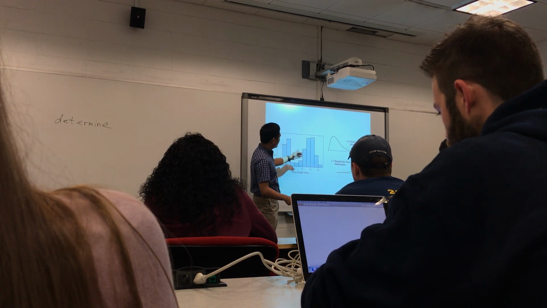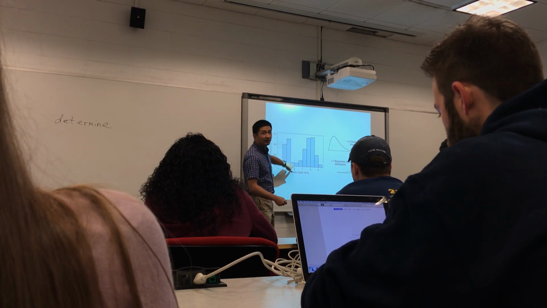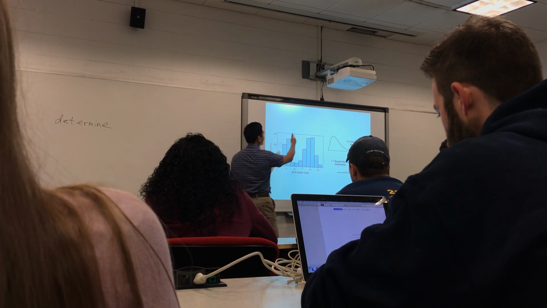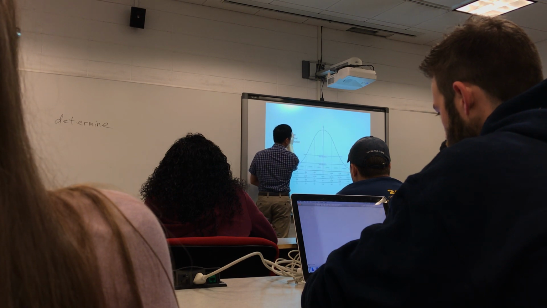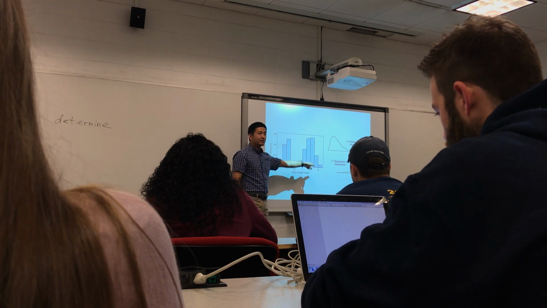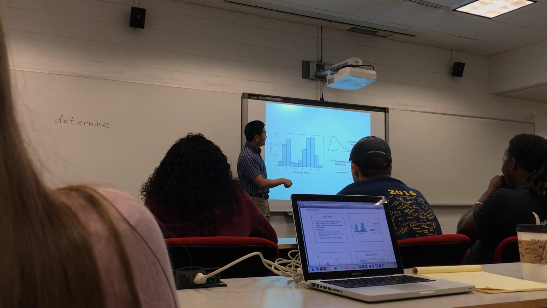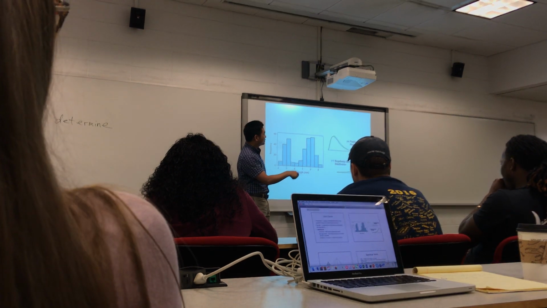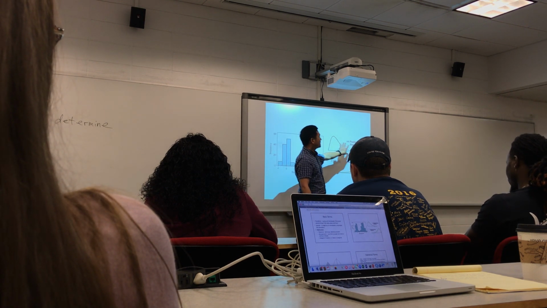But if I cut the left one and start from 6, you don't see this part, it will be symmetric. And there are other things like positively skewed and negatively skewed, or you can say skewed to the right and skewed to the left. That means the left side has more data, or the right side has more data.